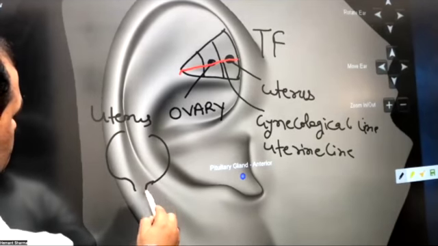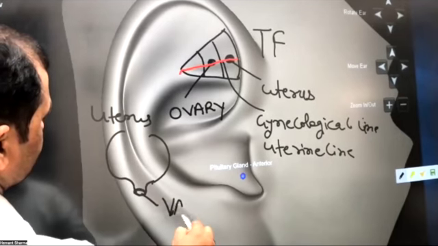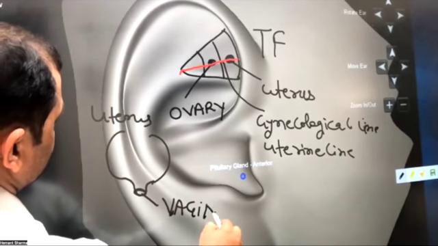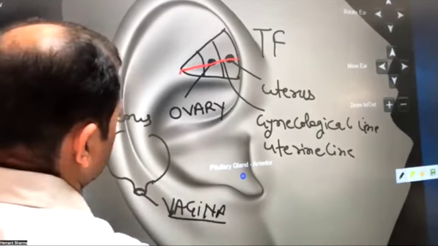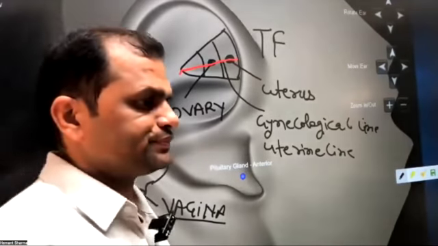Then here is the vagina. Vagina means the outermost opening in the female. Vagina करते हैं कि योनि द्वार.